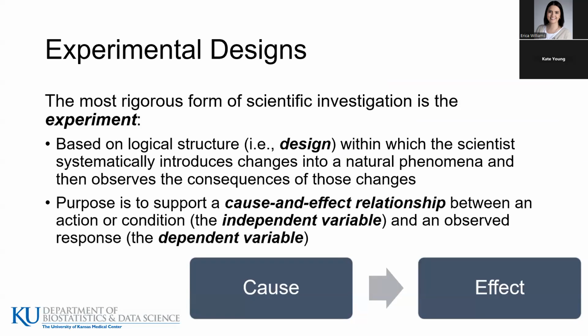The most rigorous form of scientific investigation is the experiment, and the goal is to determine a cause and effect relationship. The cause is the action or the independent variable or the exposure or the intervention. And the effect is the response or the dependent variable.